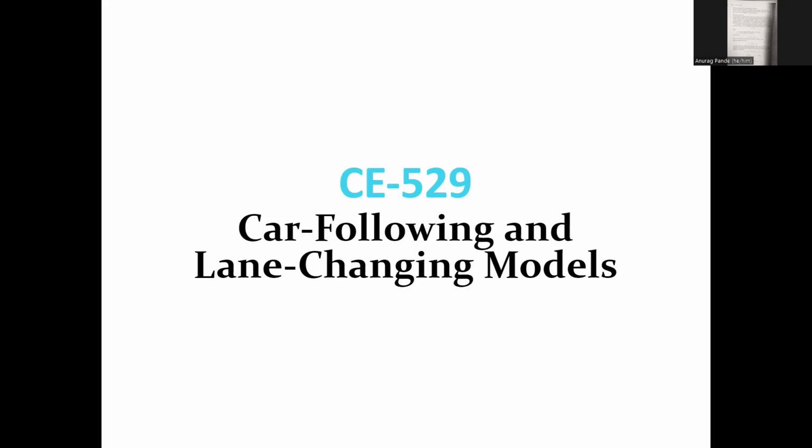Now, the car following and lane changing models are a different thing altogether because we never worry about this when we are doing macro level models. Lane changing and car following only come into play when you have to deal with interaction between individual users.